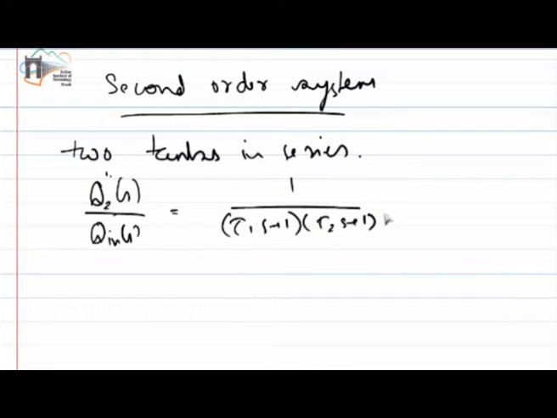Here you will see the maximum power of s is 2. This is what we call the second order system.